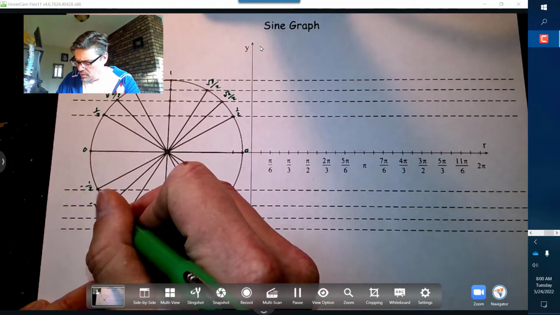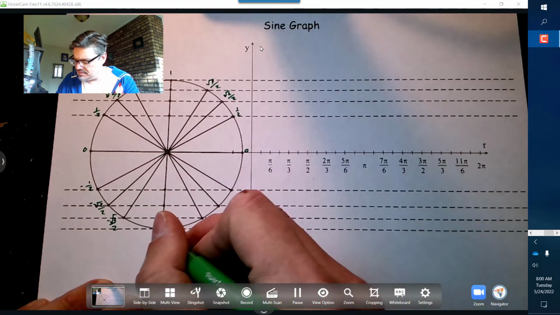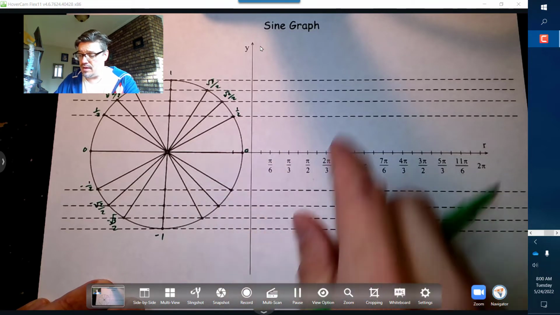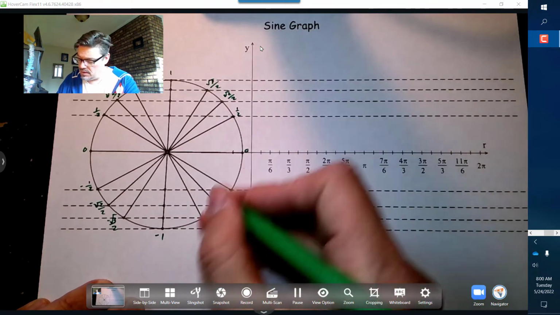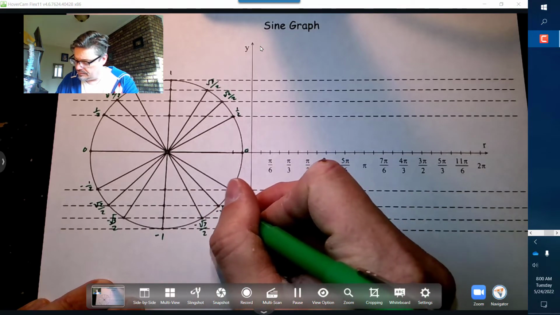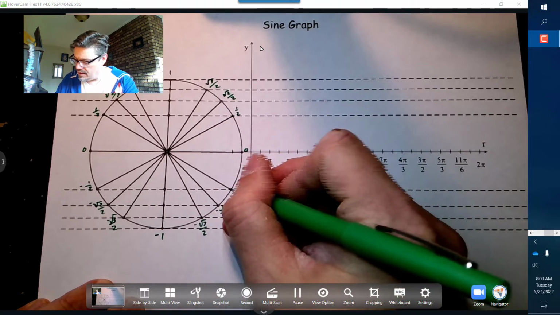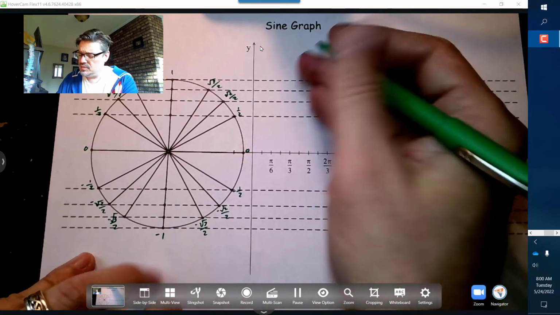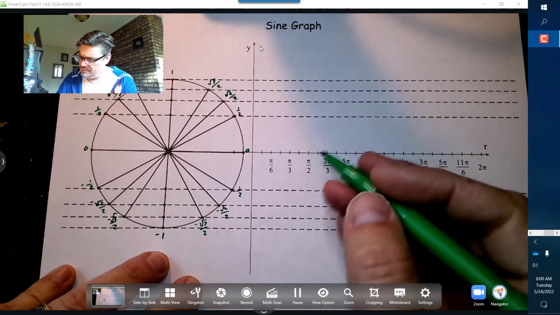Then, as you come back down to 0, our y-coordinate actually goes negative. What we're about to do is give those values some decimals. Again, I'm just focused on the y-coordinate because that is the sine. So this is negative radical 3 over 2, negative 1/2, and then back up to 0. 1/2 is actually 0.5.